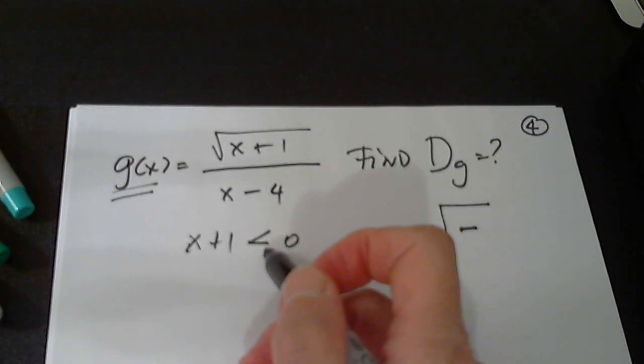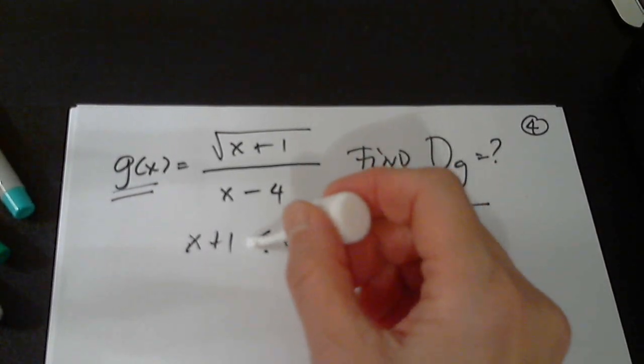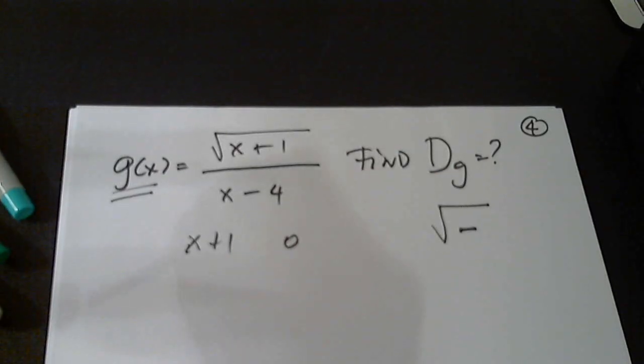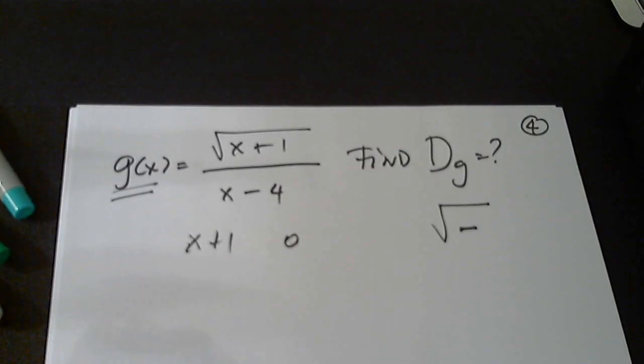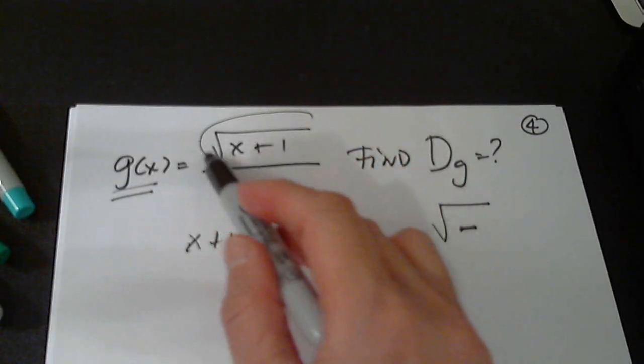So then what do I have to change this into? Which symbol do I have to change this into? Greater than or equal to? Indeed, greater than or equal to. So now this is clear. Now what do I do with this?